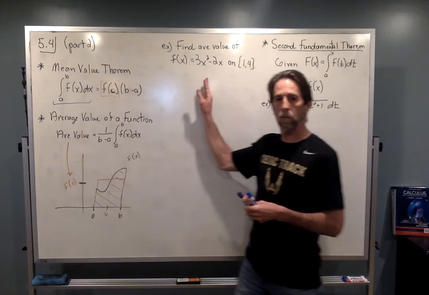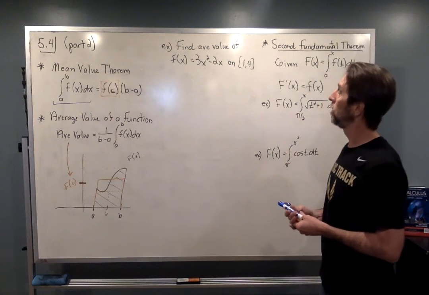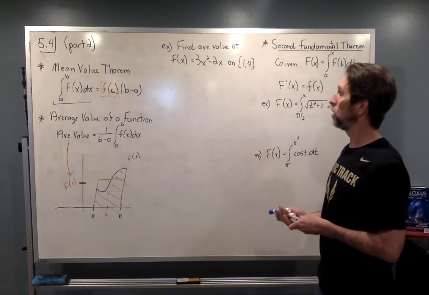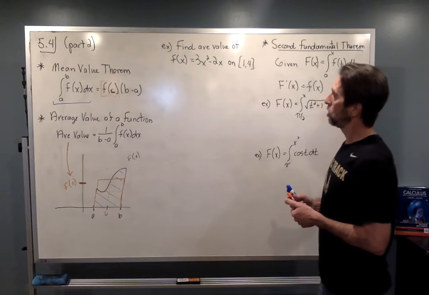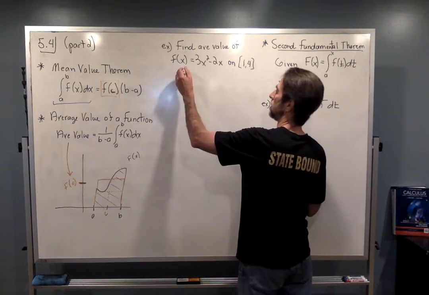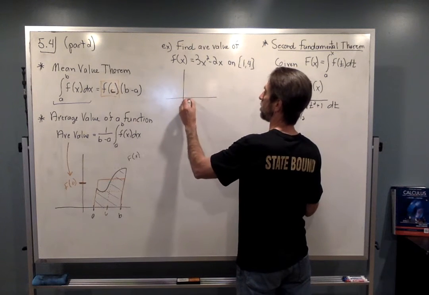In any case, let's look at one that's more purely based on just the mathematics and functions. We want to find the average value of 3x squared minus 2x from 1 to 4. So I could graph it. What I'm basically doing, at 1, this is going to be at 1.